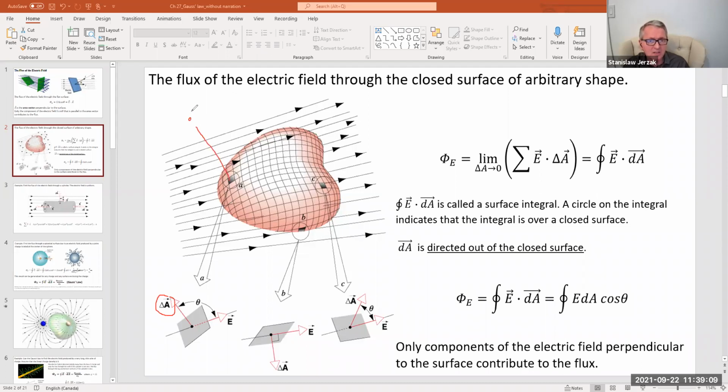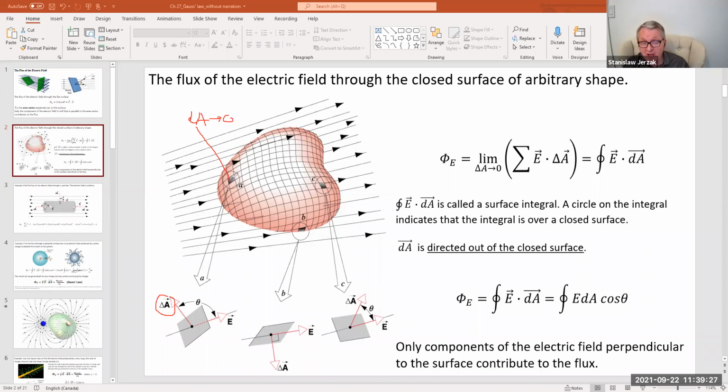That surface area should be so small that dA should approach 0, right? It should be very tiny. And if it is very tiny, then we can treat each of these little surfaces as flat.